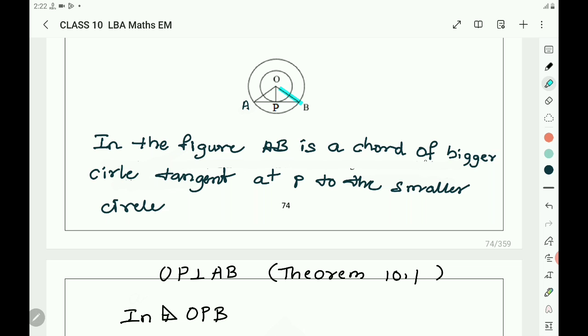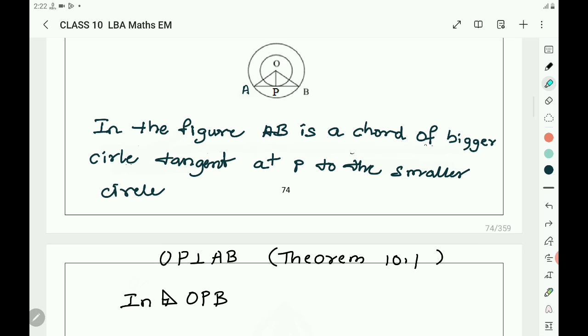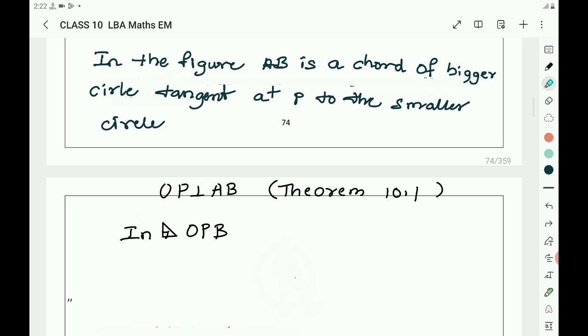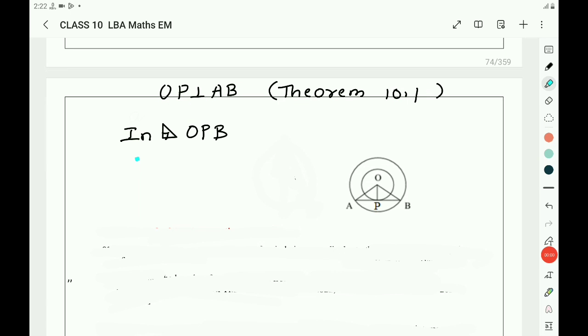The square on the hypotenuse is equal to the sum of the squares on the other two sides. Then you will get PB. You write that OP square plus PB square equals OB square.